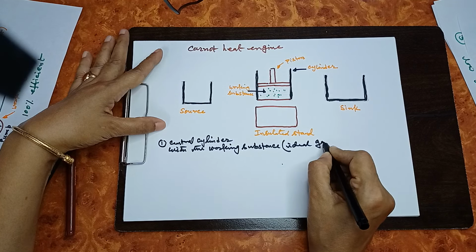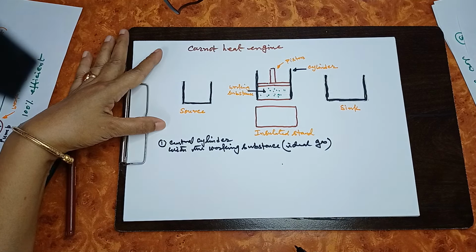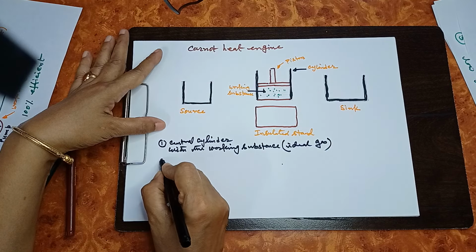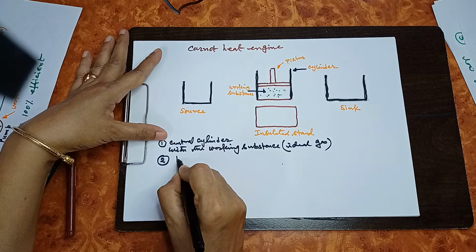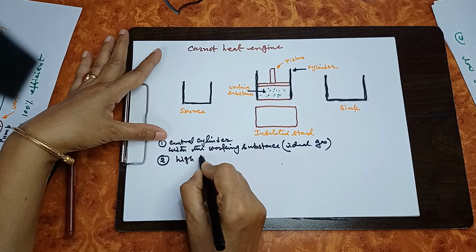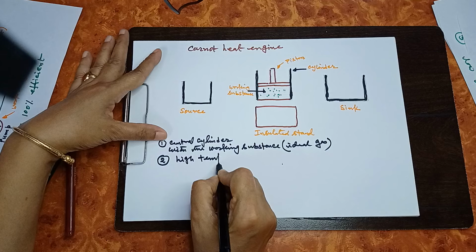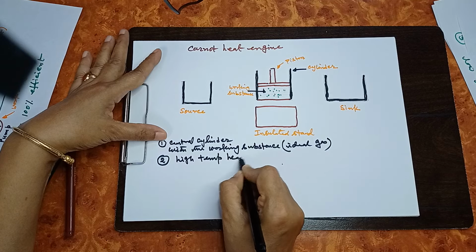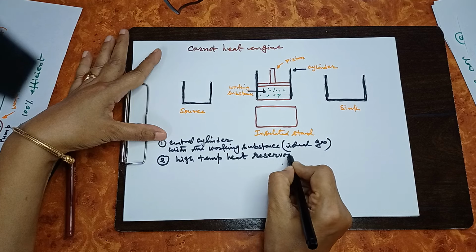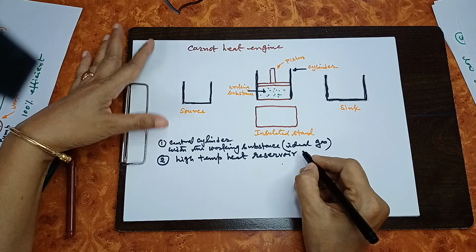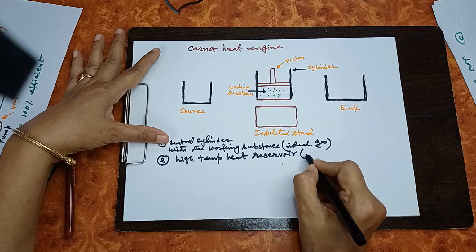In Carnot heat engine, working substance is ideal gas. Second part is high temperature heat reservoir, which we call source.